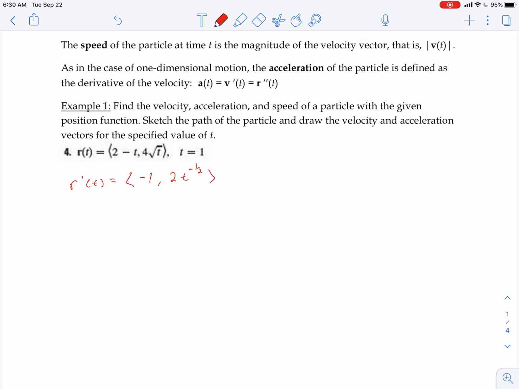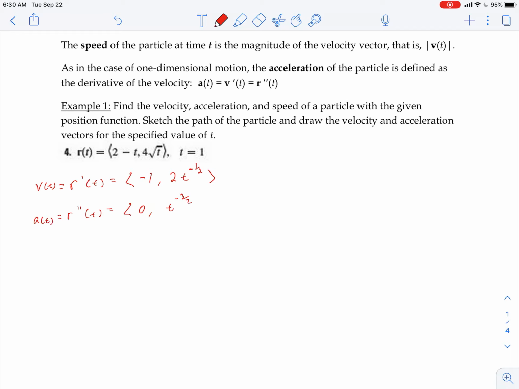All right, again, if you have questions about that, please let me know. And then the second derivative is 0 for the first component, and multiply again, so -t to the -3/2. All right. And so there is our velocity vector and our acceleration vector.